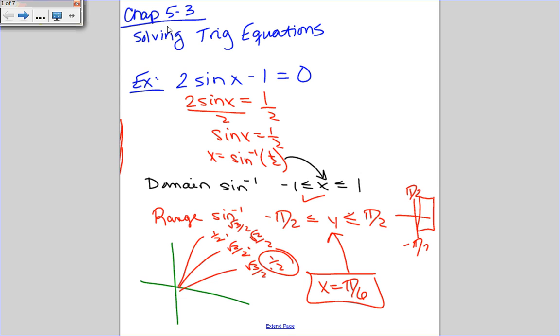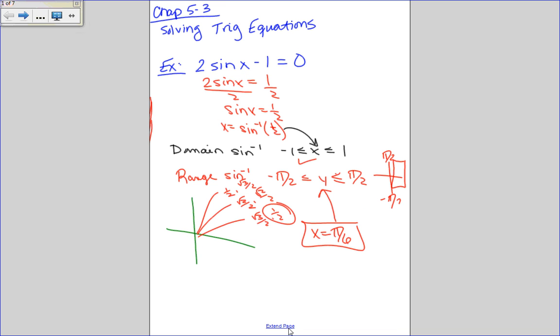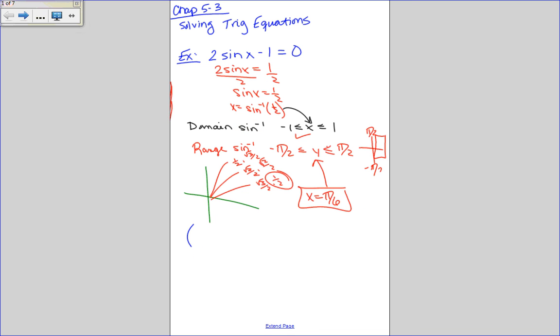So what it says here is, well, instead of doing just pi over 6, if it was between 0 to 2 pi, what are all the angles from 0 to 2 pi that have a sine value of 1/2? Well, what quadrants is sine positive?